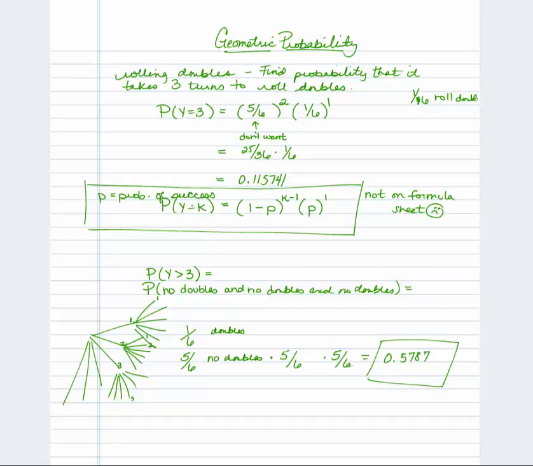Now, to do this in a calculator, this is not on the formula sheet, but you go to menu, probability, and then 5, which is distributions. There should be a button for geometric PDF. You put in the probability, and what other question does it ask?